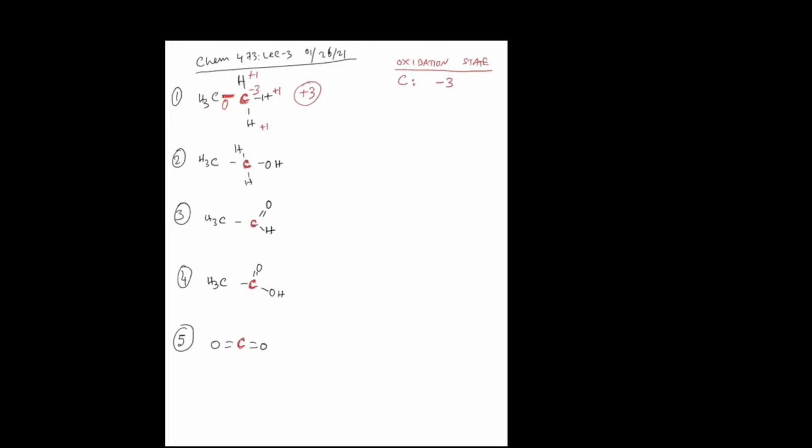It will be more clearer once we go to the next one. So the next one, number 2, what compound is that? Ethanol. On ethanol, again, we have a carbon-carbon bond, so that is not going to contribute anything. Here again, we have H as +1, this is +1.